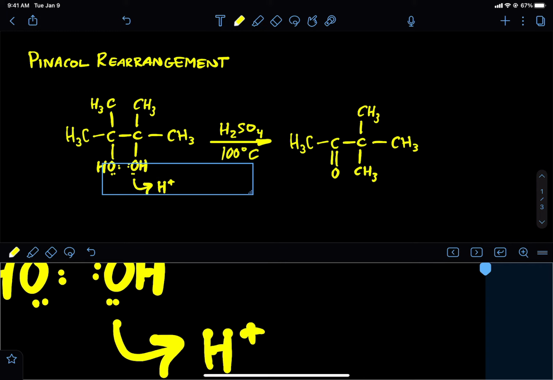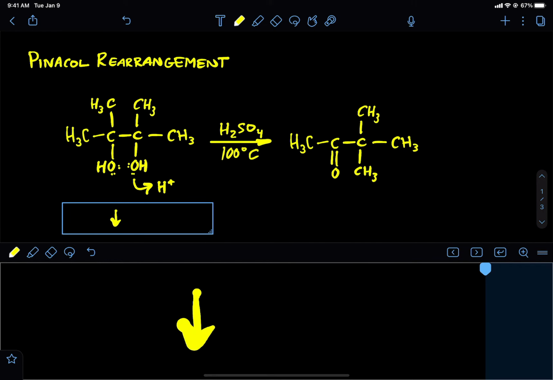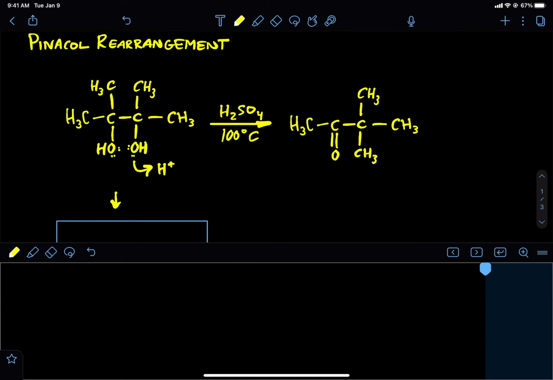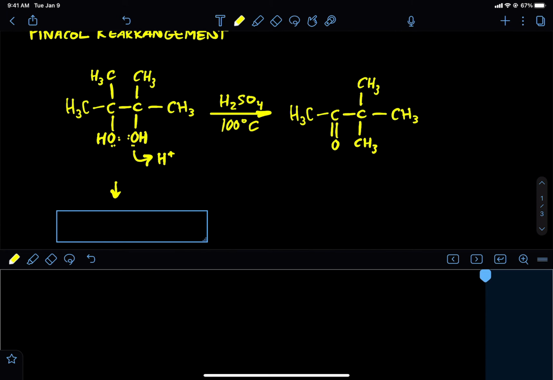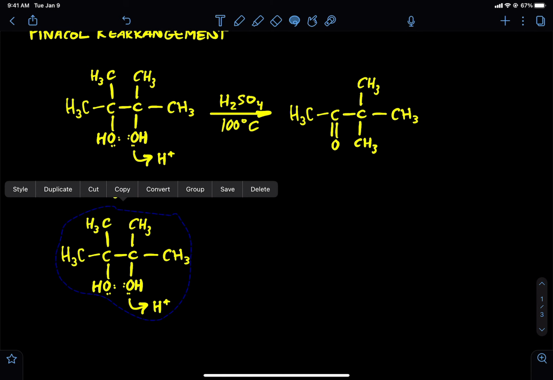Now, what will that get us? It's just going to be the protonated version of this. So I'll just duplicate our structure.